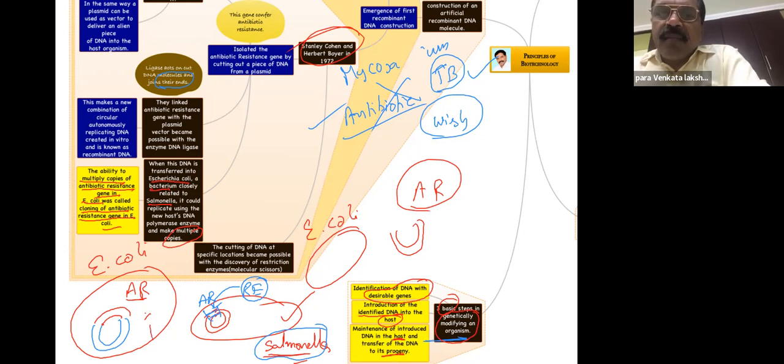And if this bacteria multiply, what will happen? Automatically this gene will be transmitted to the progeny. Progeny is nothing but offspring. So you need to identify the desirable gene, and you have to introduce it into the vector and into the host. Host is nothing but another bacteria. E. coli is now the host. These are the basic steps.